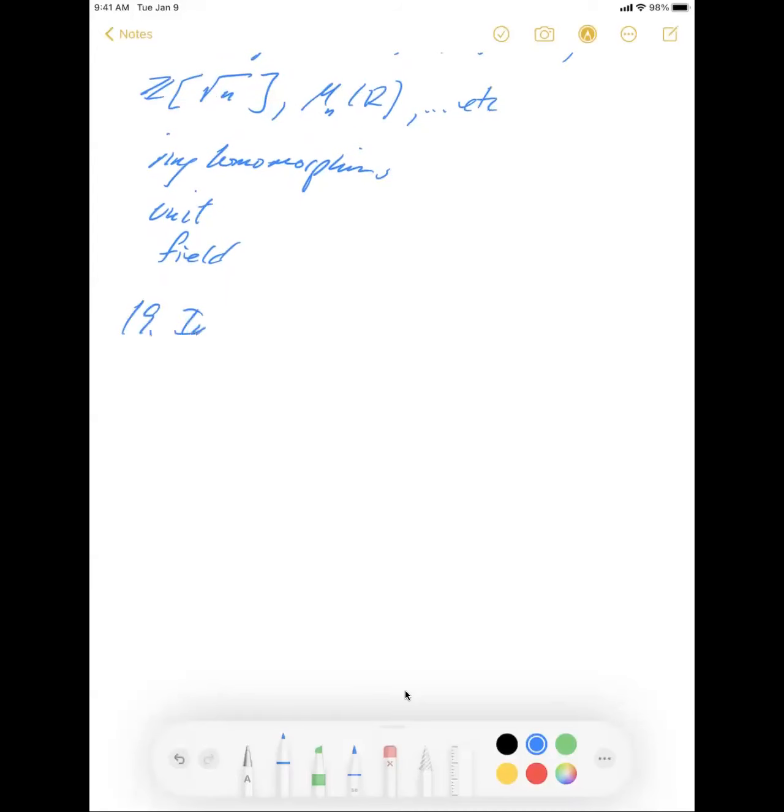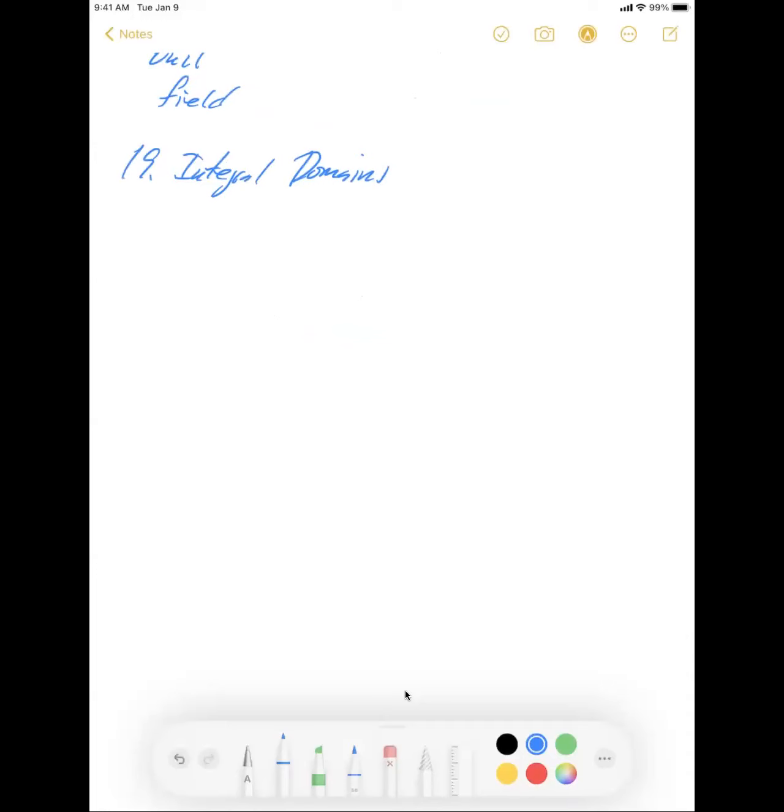Next chapter is integral domains. And though there certainly are rings out there that are not integral domains, this is sort of the minimum, right? Having zero divisors just kind of makes things a pain. So it's nice if you're at least working in an integral domain. Notice a lot of the theorems that we had in this class had the assumption that we were working in an integral domain.